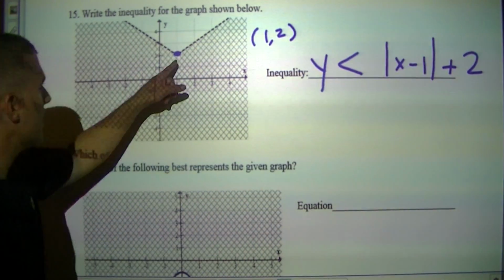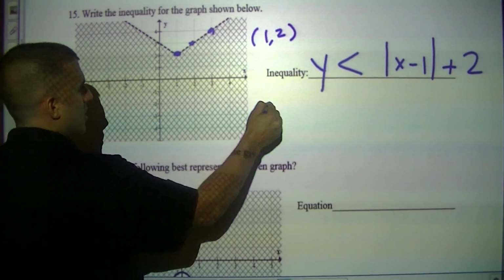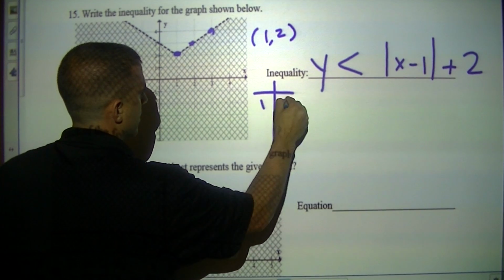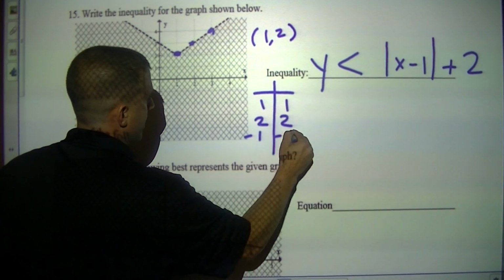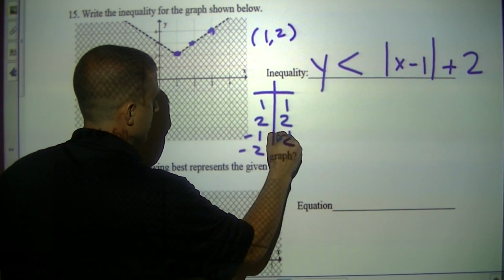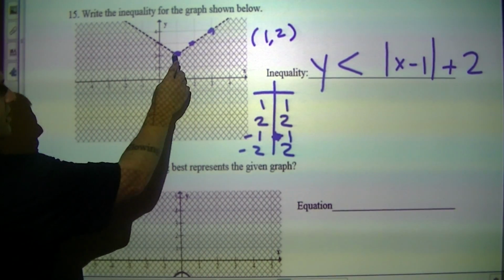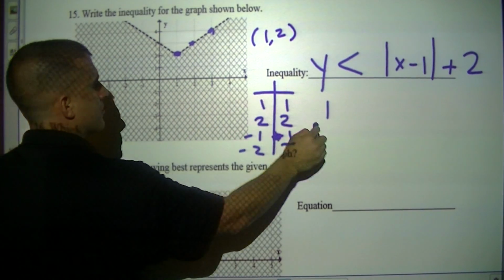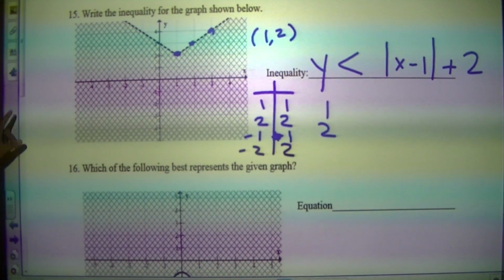Now I look at my points. Normally I'm 1, 1, 2, 2, -1, -1, -2, 2, 1, 1. So if I go 1 right, I'm still 1 up. If I go 2 right, I'm still 2 up. So that's good to go there.